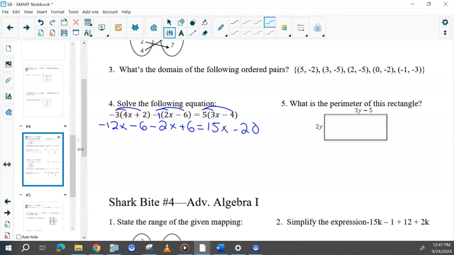Yes. Where that negative was, there's an invisible -1. Then we can combine like terms, -12x minus 2x, and -6 plus 6. So -12x minus 2x gives us -14x. The 6's cancel each other out, become 0. We don't need to write that part.